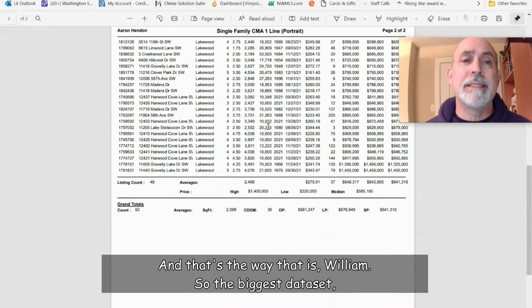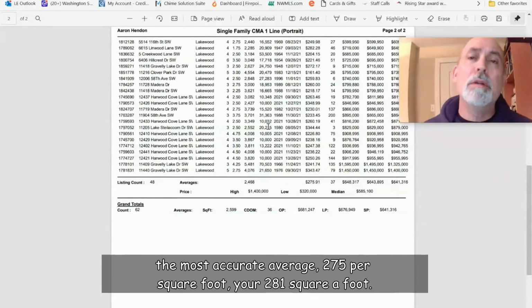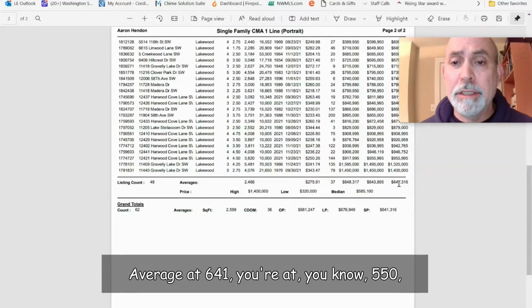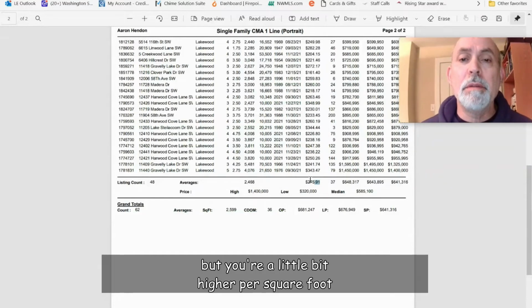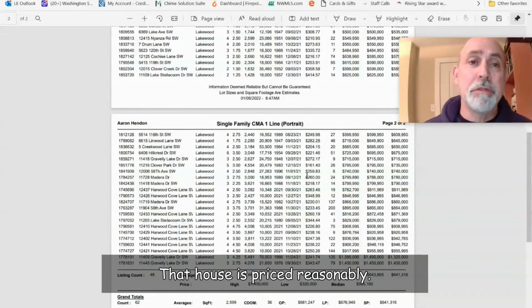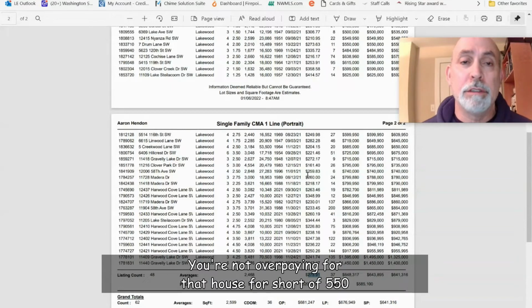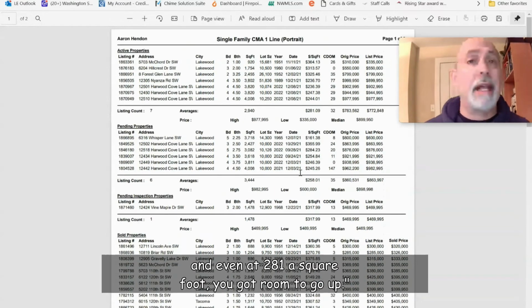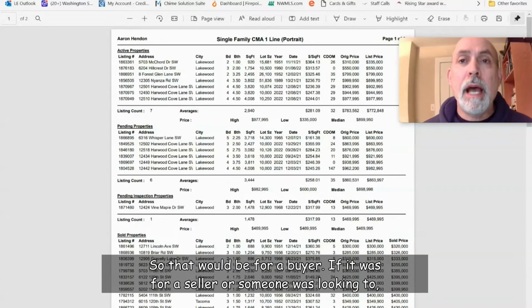The biggest data set, the most accurate average, is 275 a square foot; you're 281 a square foot. Average at 641, you're at 550, but you're a little bit higher per square foot. So I would tell that buyer, you know what? That house is priced reasonably. You're not overpaying for that house for sure at 550. Even at 281 a square foot, you've got room to go up. So that would be for a buyer.